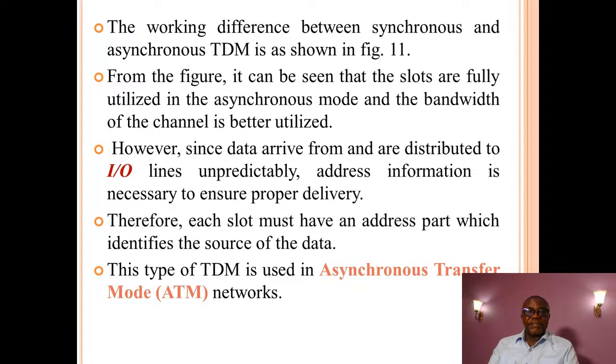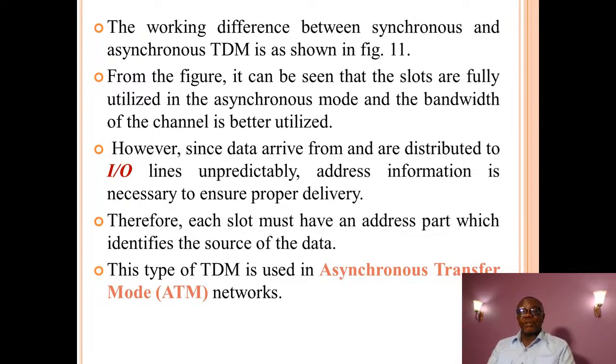However, since data arrive from and are distributed to I/O lines unpredictably, address information is necessary to ensure proper delivery. So you can see, for the intelligent one, additional circuitry is needed in order to be able to conserve channel space.